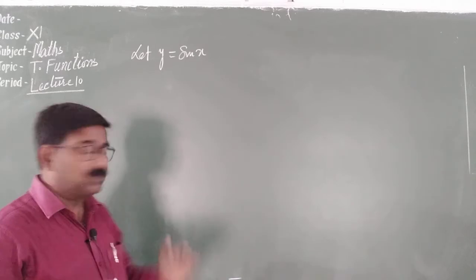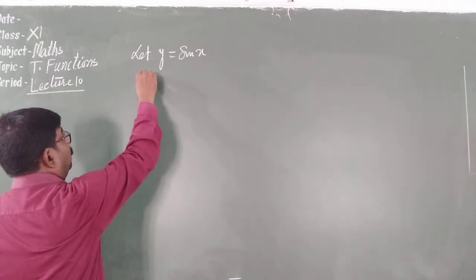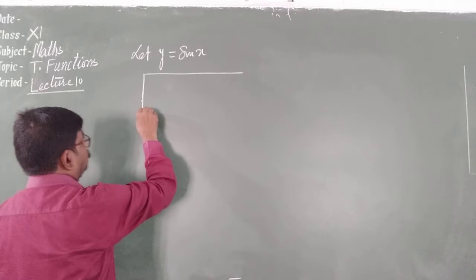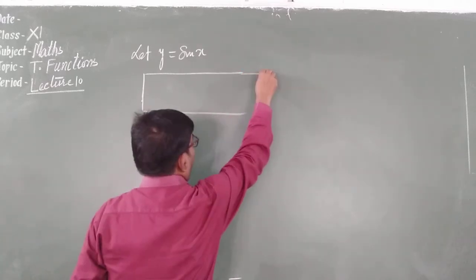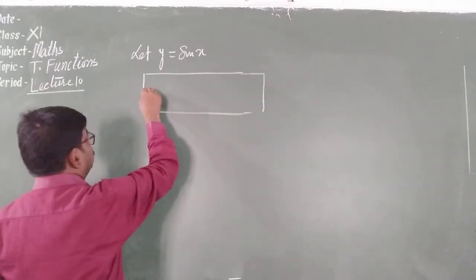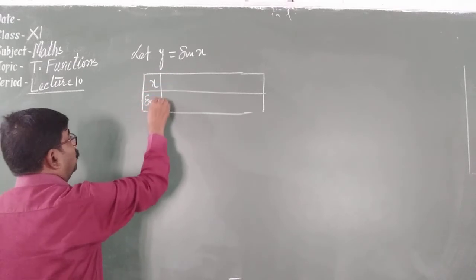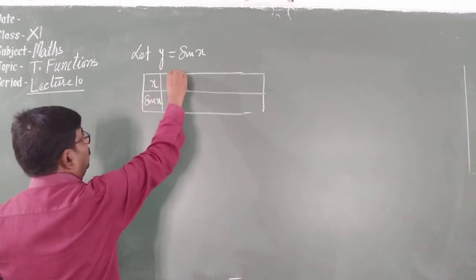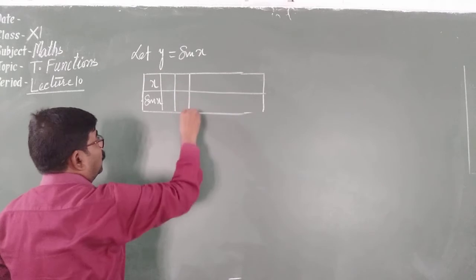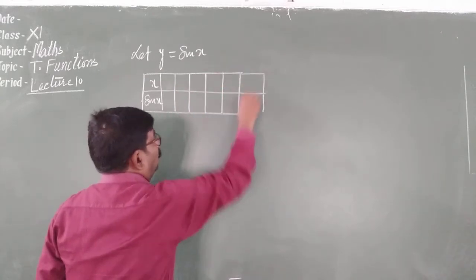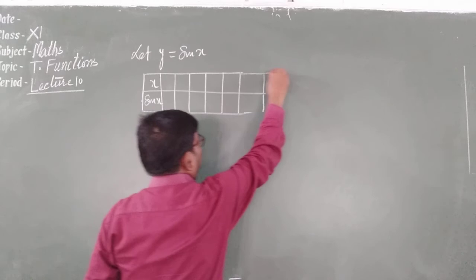If you know some values, I am forming a table to see how we can plot the graph. Here we have x and its value sin x, that is y. The values you know from the table, you can put all those values.